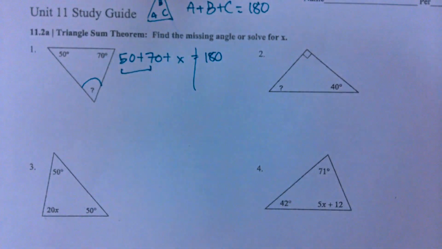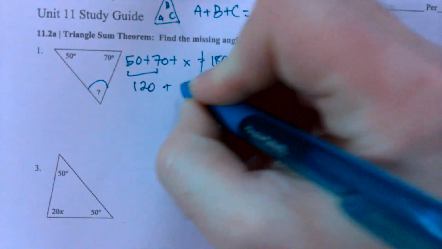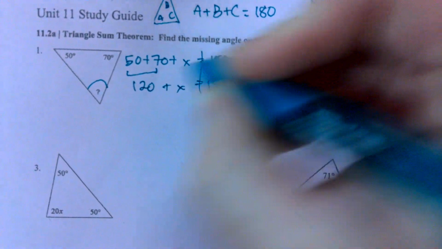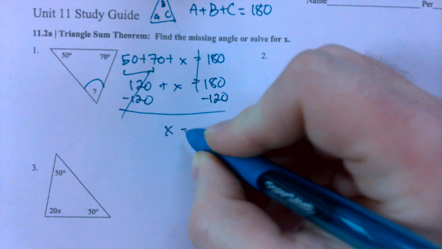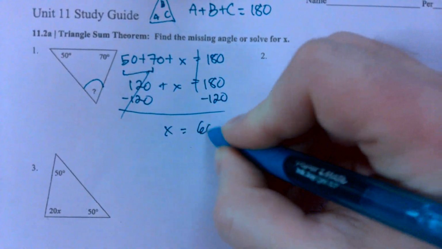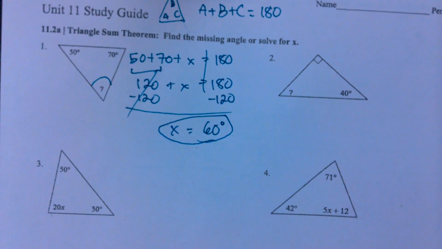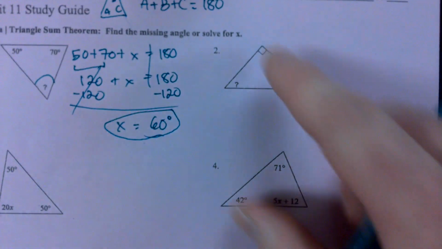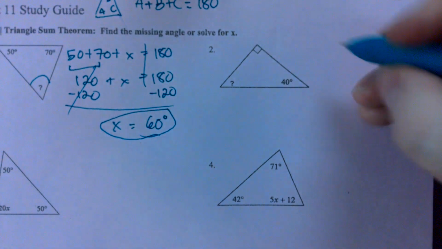We can add 50 and 70 together to give us, what is that, 120? 120 plus x equals 180. And we subtract 120 from both sides, giving us 60 degrees. Number two, we've got a 90 degree angle and a 40 degree angle.